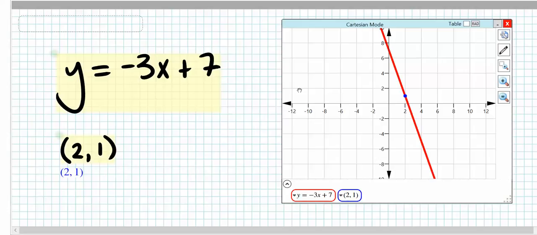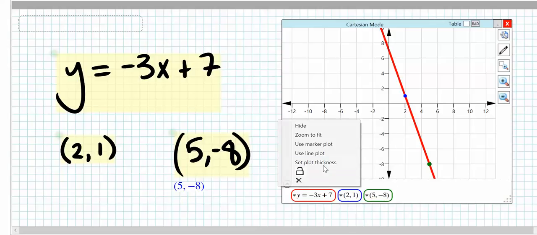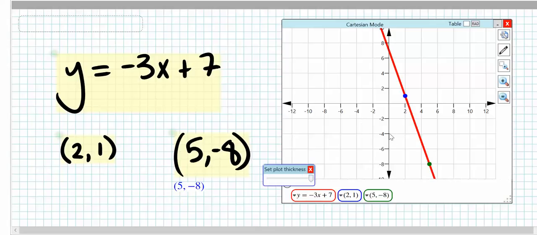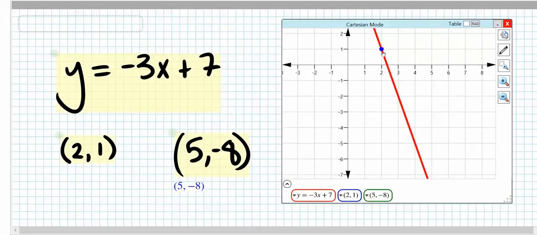Yeah, what was the other point? 5, negative 8. How about 0, 6? Put that one on there. Is that one on the line as well? Yeah. It sure looks like it to me. So I'm going to make these a little bit thicker so we can see. And then this one a little bit thicker so we can see. But yeah, it looks to me like both of those points are on the line right there. So I have the blue one there, and then I have the green one there.